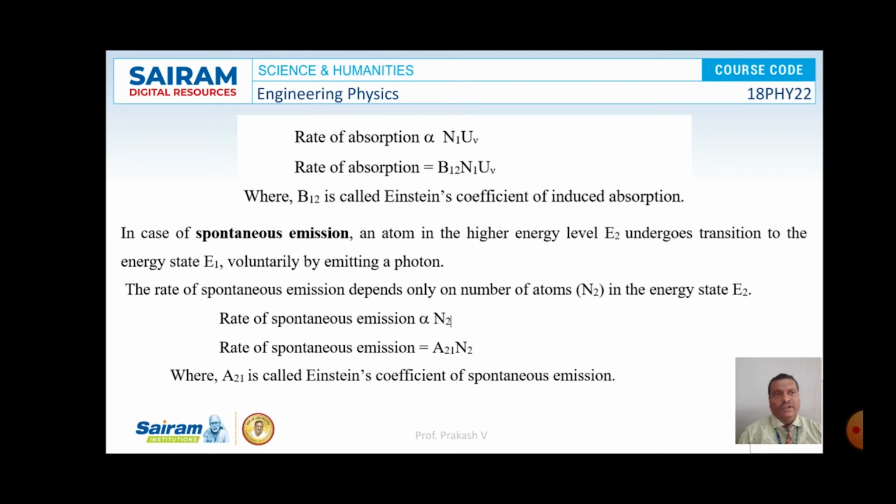It is proportional to the number of atoms in the excited state, that is N2. Therefore, the rate of spontaneous emission is equal to A21 N2. Here A21 is called Einstein's coefficient of spontaneous emission. So that is the meaning of A21.